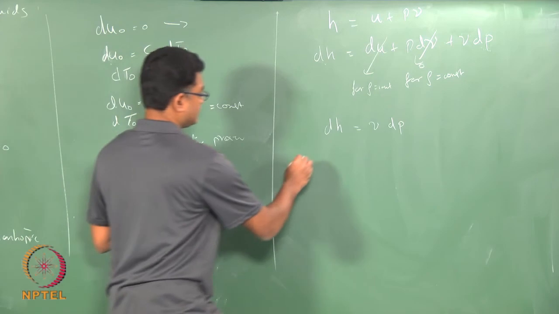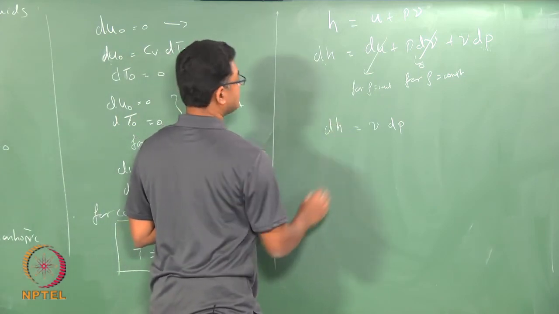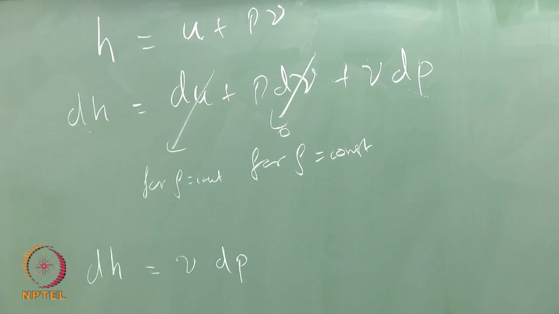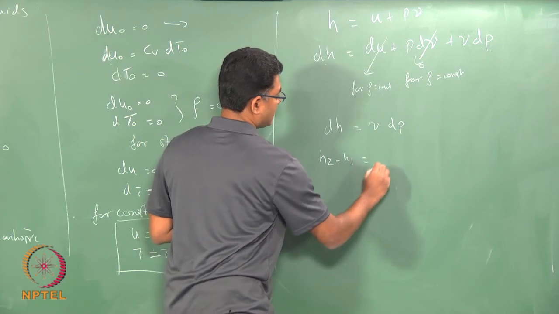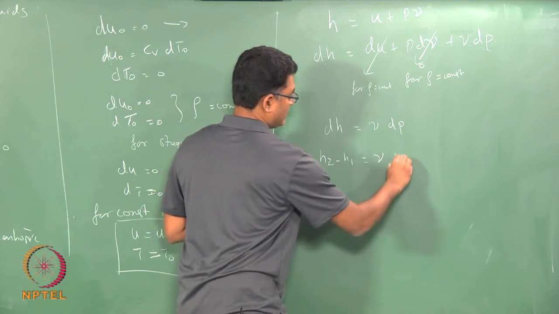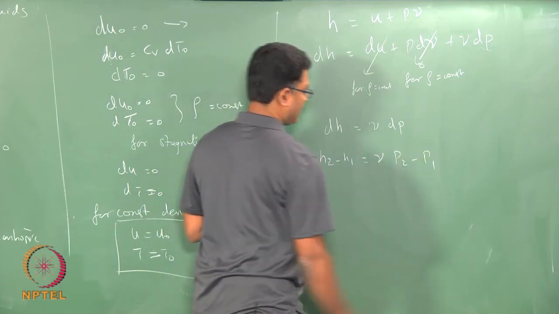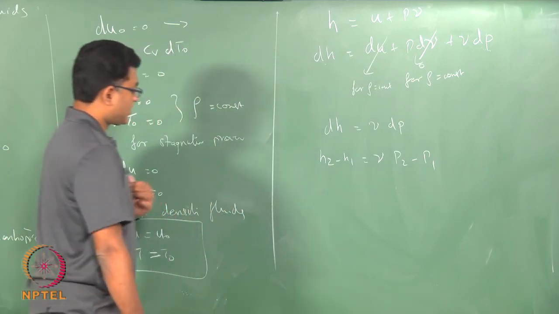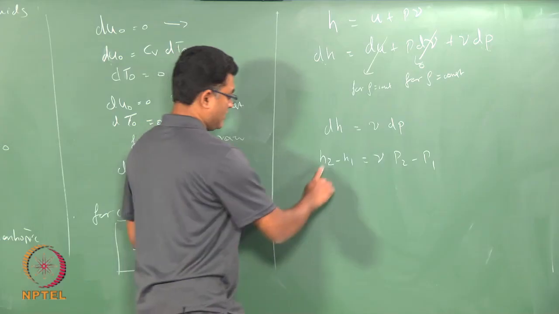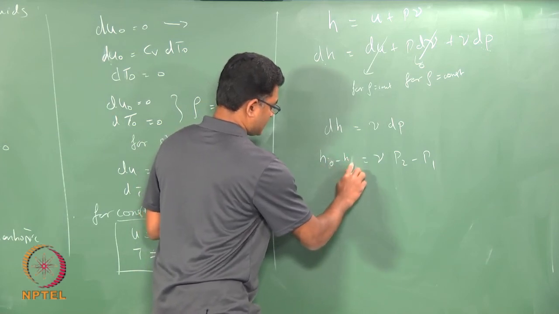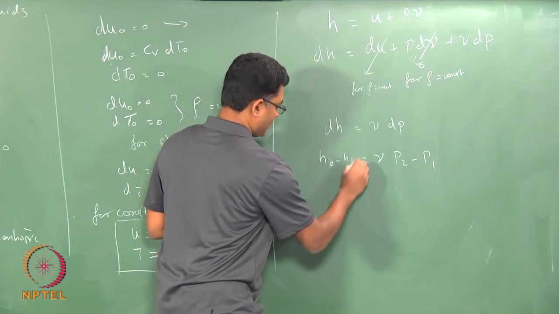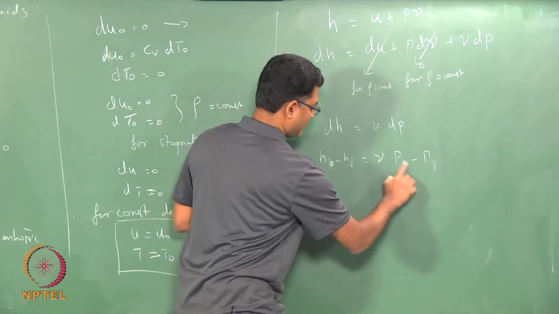dH is H2 minus H1 equals v into P2 minus P1. So, for the stagnation process, my 2 is 0 and 1 has no suffix.